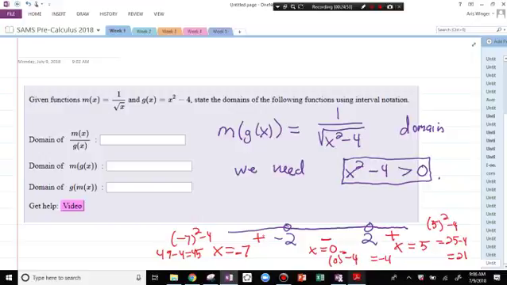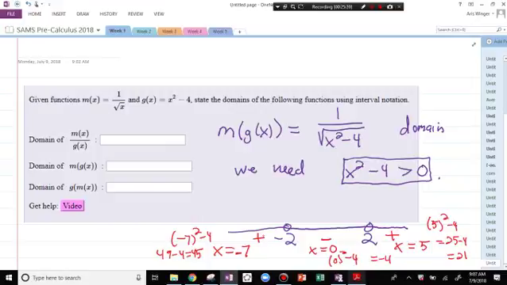So we're going to do a lot of this when we do polynomial inequalities. And we use this a lot in calc. But you can use the fact that this is a parabola, and then it rises to the left and it rises to the right. You can also reason that when x is bigger than 2, x squared is bigger than 4. When x is less than -2, x squared is still bigger than 4.